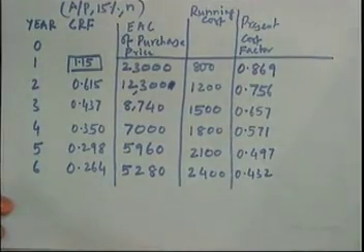These values I have taken corresponding to a 15% interest rate and n equal to 1, 2, 3, 4, 5, 6. I can get these from the table.